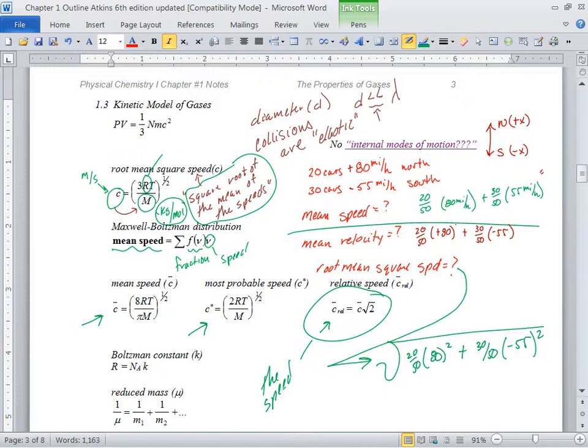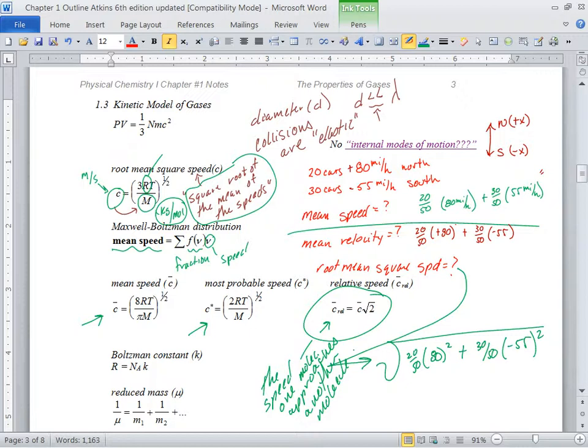Relative speed is the speed one molecule approaches another molecule.